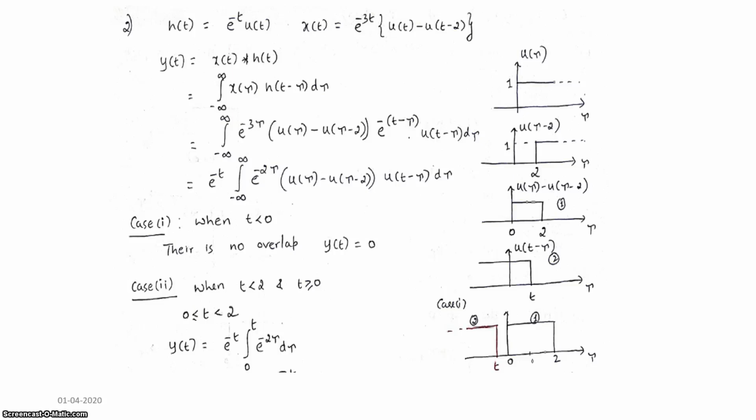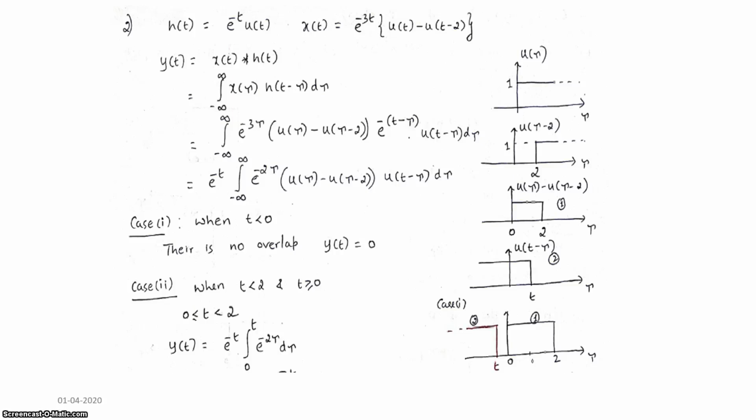I'll plot the two signals here. u of tau minus u of tau minus 2 is considered as one signal, and the second signal is u of t minus tau. To plot u of tau minus u of tau minus 2, first I'll plot u of tau. I know the definition of the unit step signal: its value is 1 for tau greater than or equal to 0, and its value is 0 for tau less than 0.